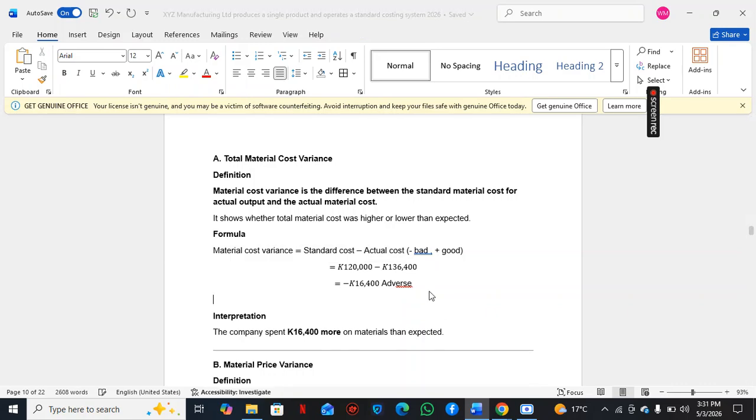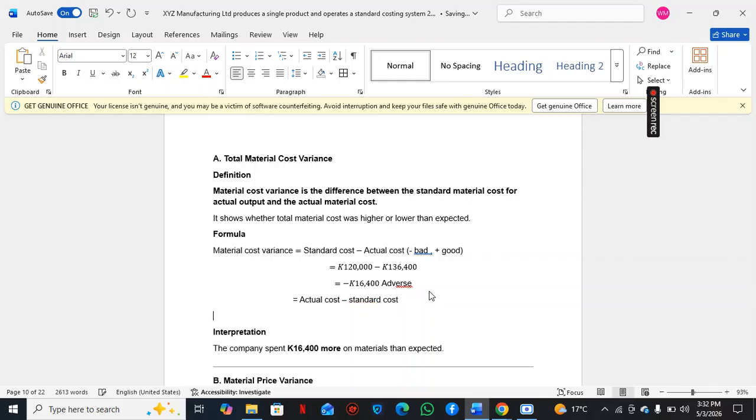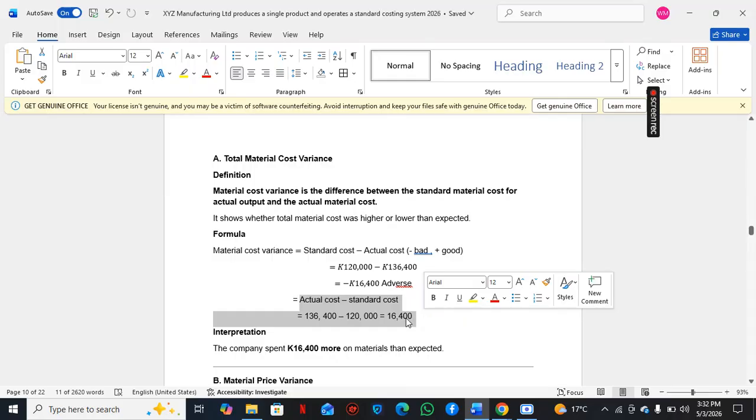If you use the other way around, actual cost minus standard cost, 136,400 minus 120,000, you're going to get a positive value. You have to know that this positive value is bad because of the way I've put the formula like this.